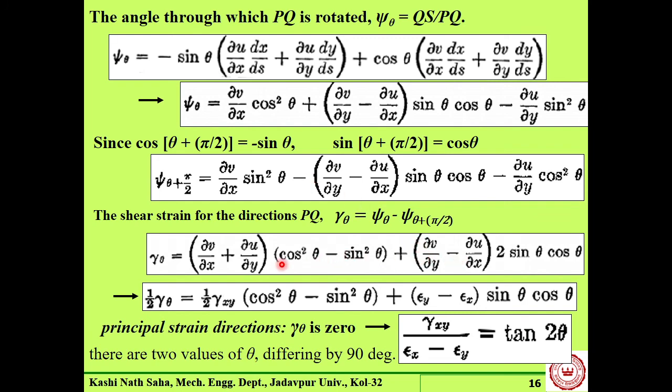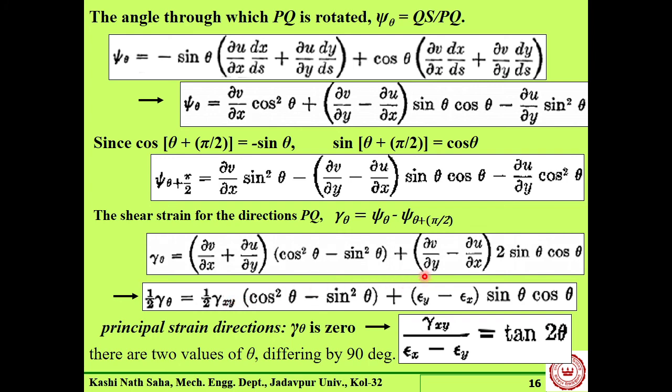And this is what will come. You check it. Is it coming? Okay, fine. So this is the expression, and then this quantity del v del x plus del u del y is our shear strain gamma xy, right?